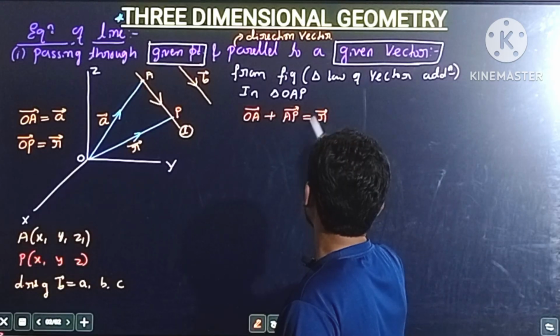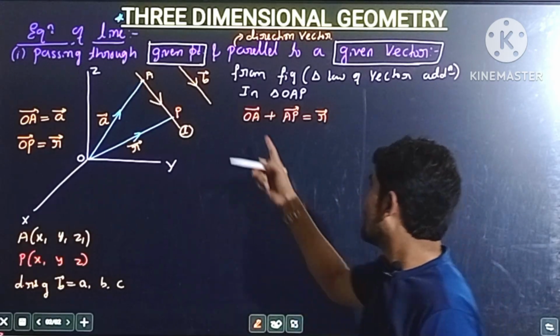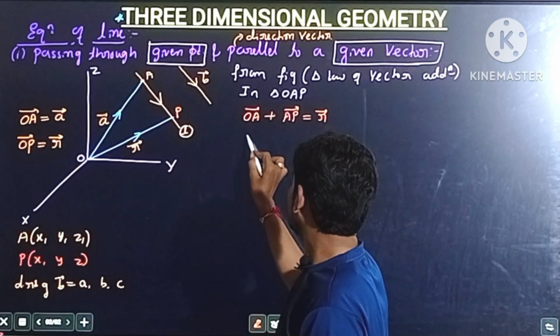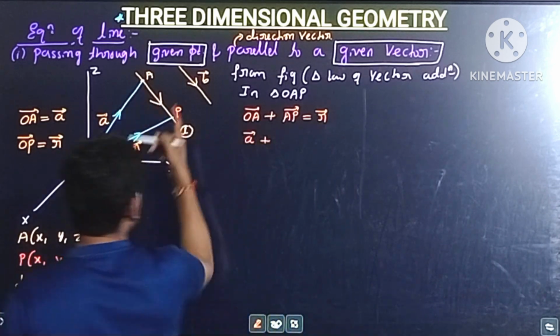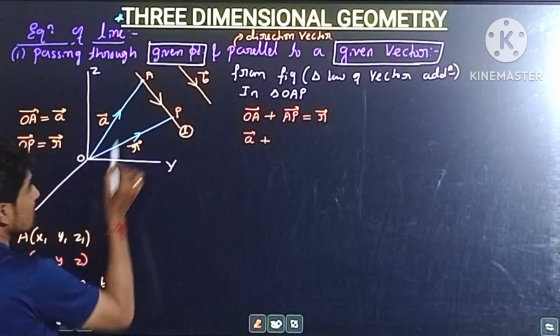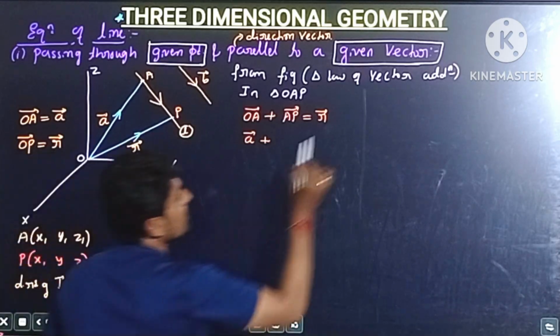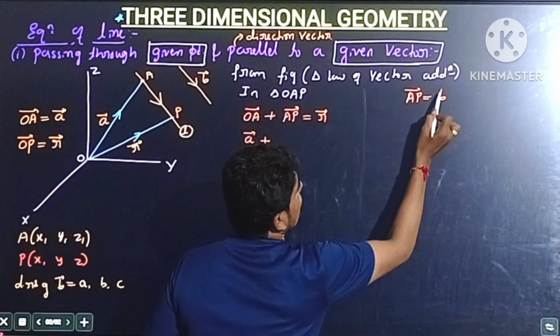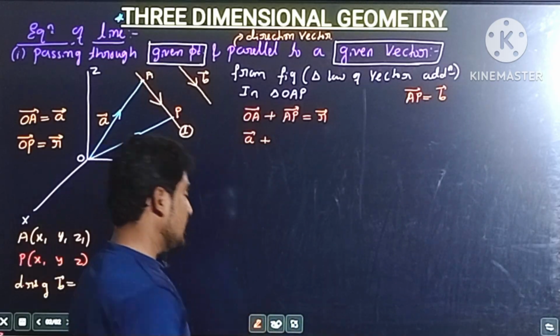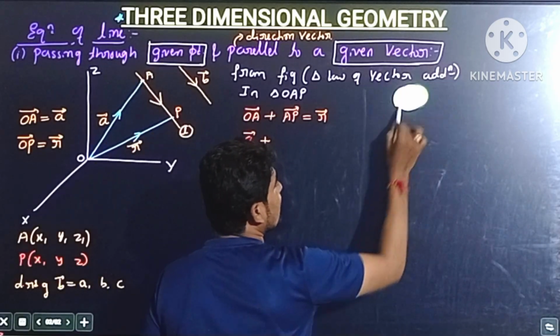OA vector is equal to A vector. So A vector plus AP vector. From the figure we know that AP vector is parallel to B vector.